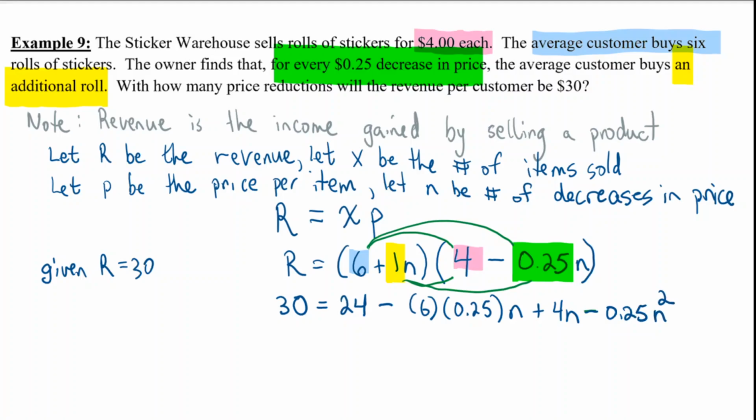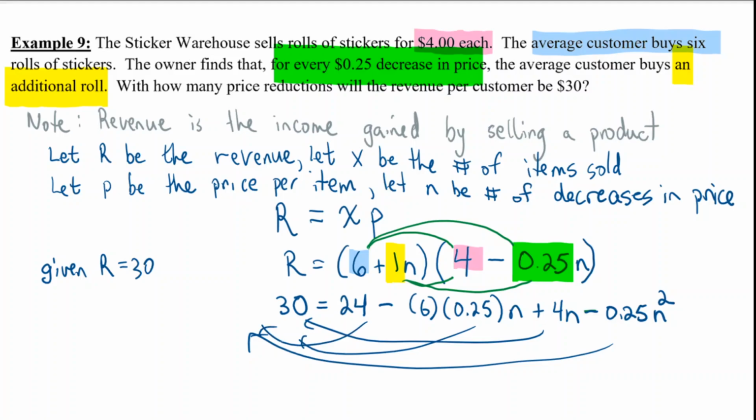All right, let's clean this up. We want to bring everything to one side. I'm going to actually bring everything over to the left side. All these things are coming over here.